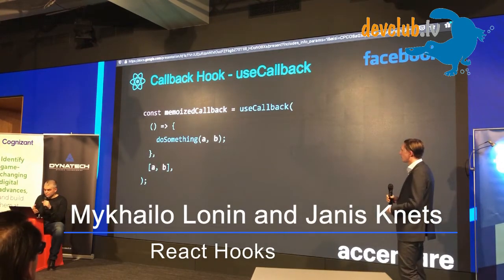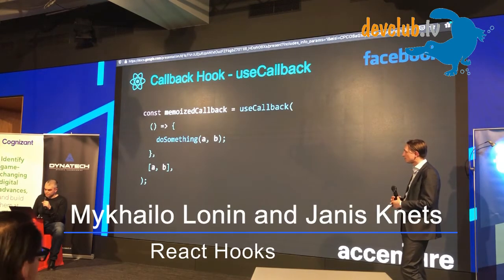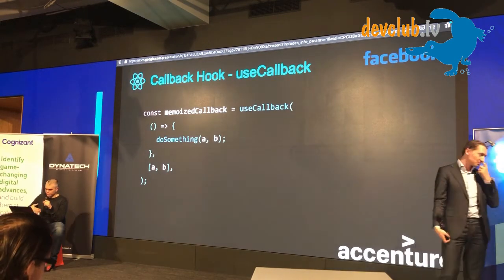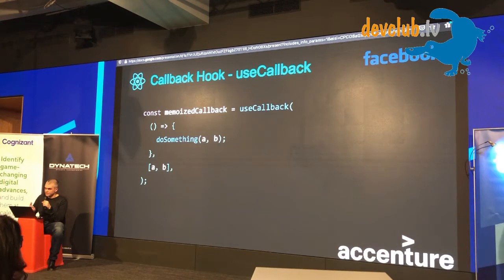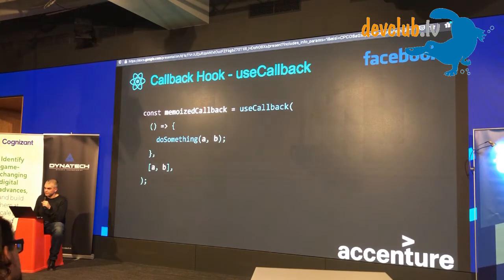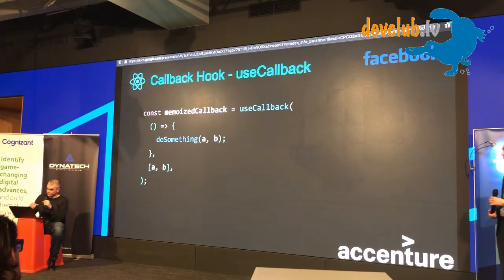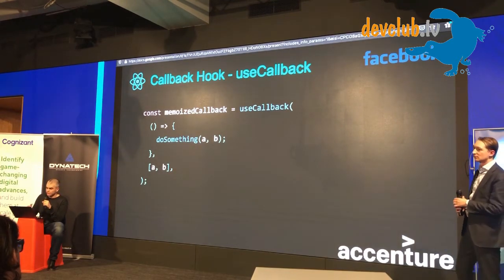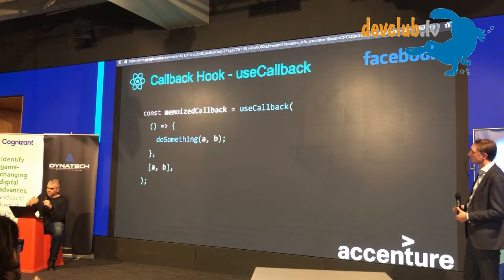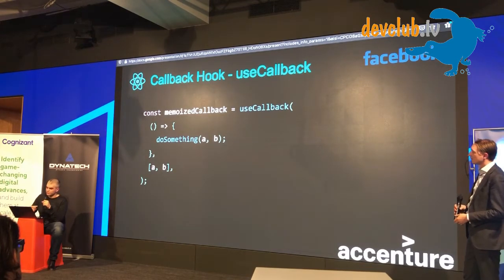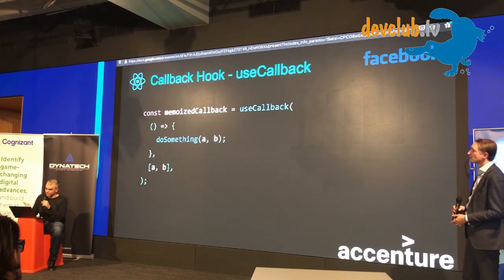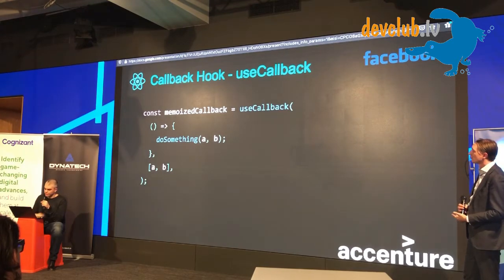Yeah, so one problem with functional components. If a function is called again, then everything inside the function will be created from scratch again. So if you create your function without useCallback, each time the component is rendered, it will produce a new function as a new link in your memory.